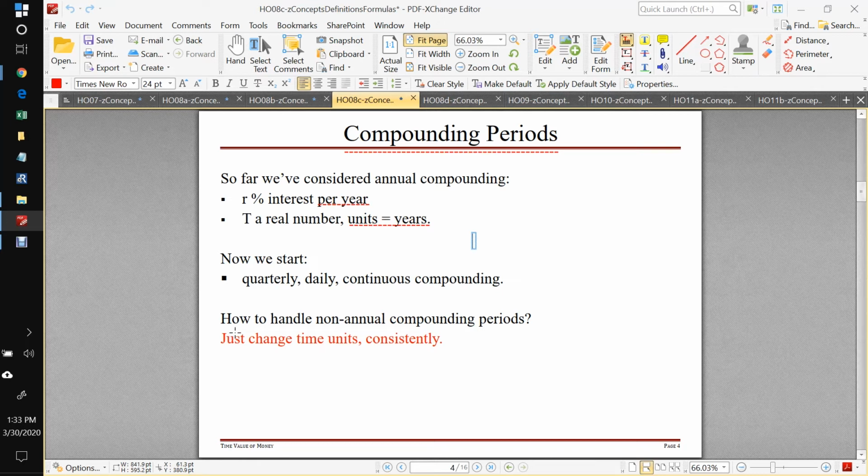And we want to be able to do monthly compounding, quarterly, daily, etc. All we have to do to make that work is consistently change our time units in r and in t.